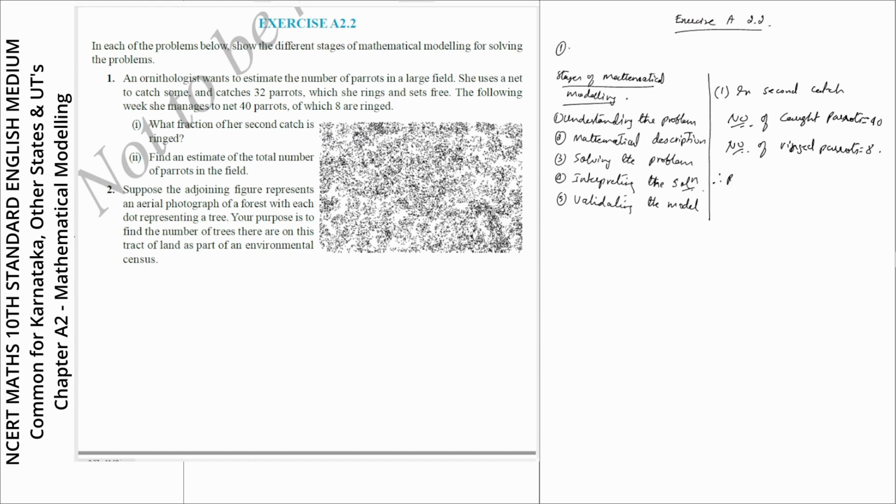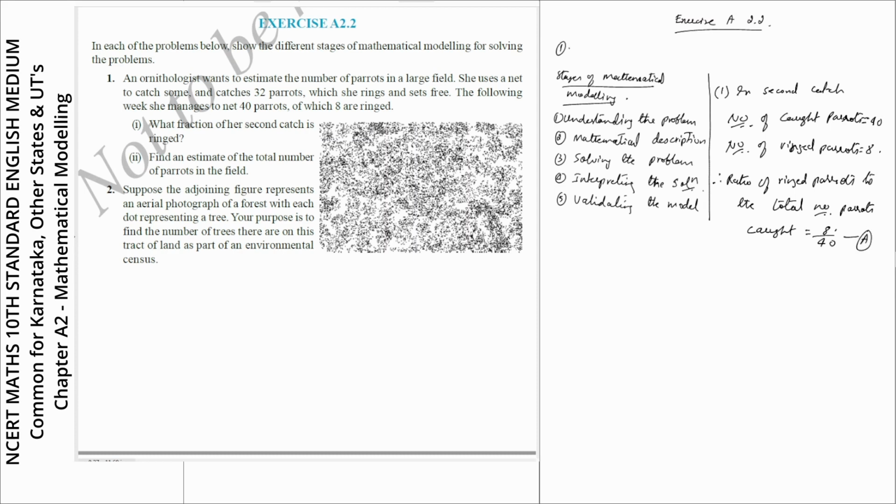Therefore the ratio of ringed parrots to the total number of parrots caught is equal to 8 by 40. So this I'll mark as A.